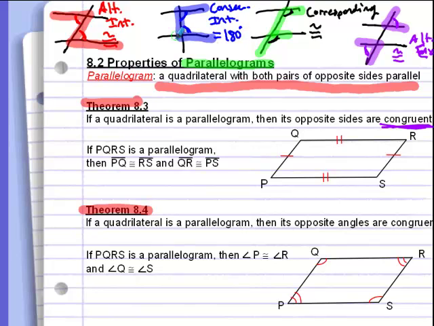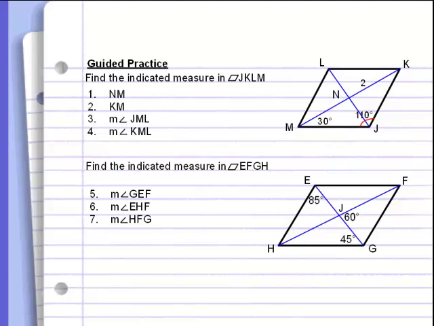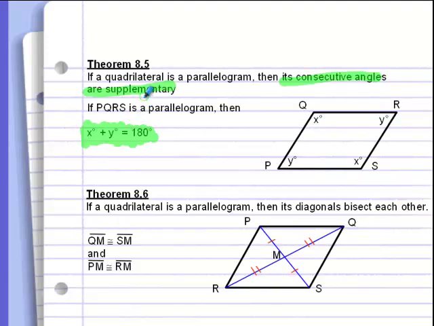Notice this blue one. Mine is blue. Yours probably isn't blue unless you're using markers. Consecutive interior angles. We mentioned that they equal 180. We already talked about this. This should not be something new. Congratulations. They're telling me that it's equal to 180 or that they're supplementary, but I already knew that.